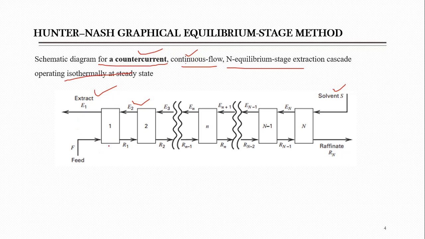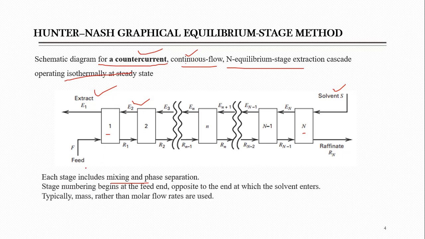You have seen this yesterday, that this system contains n, capital N, number of stages, and each stage includes mixing as well as phase separation. Mixing of solvent and feed takes place, and then they separate out into extract and raffinate. So each stage is indicative of this mixing and phase separation.